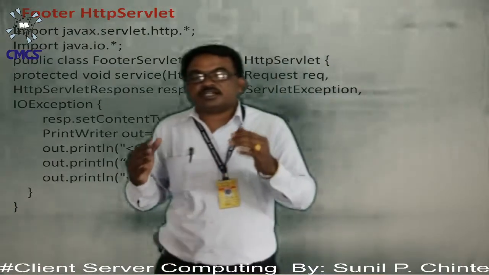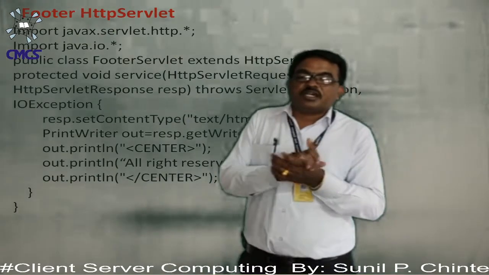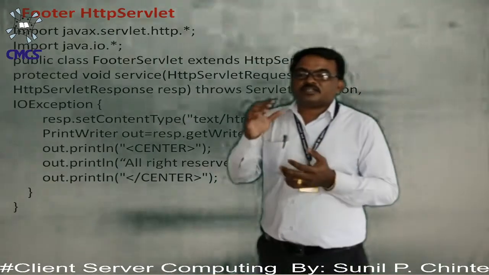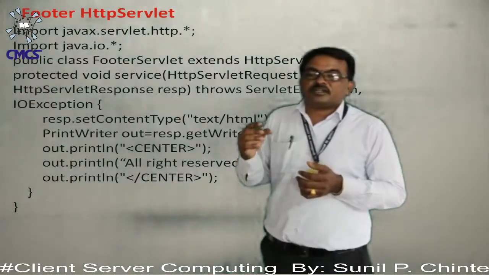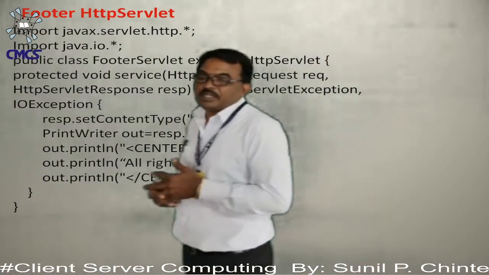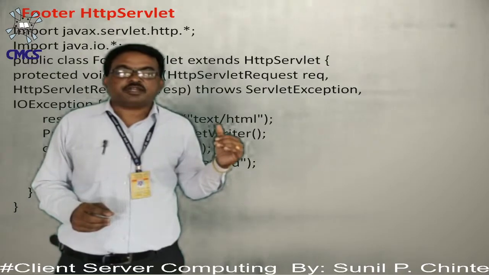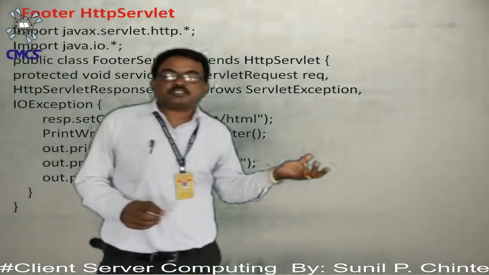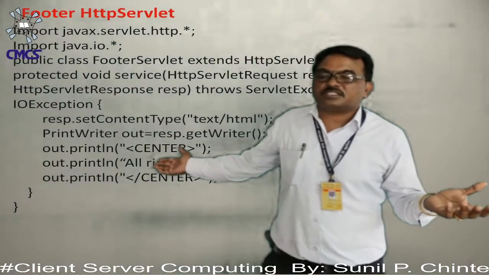Okay, similarly the footer servlet is created, or we are creating the footer servlet by using the HTTP servlet class. Here we also use the same method, that is the service method, and I already told you the service method takes two arguments, that is the HTTP servlet request and the HTTP servlet response object. Okay, it also throws exceptions, that is the servlet exceptions or IO exceptions.